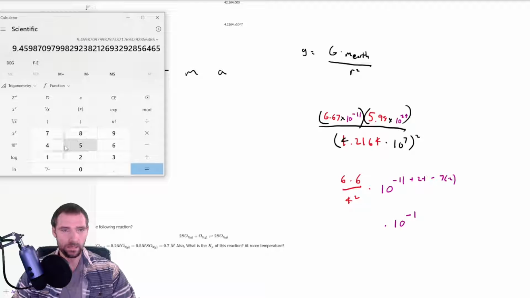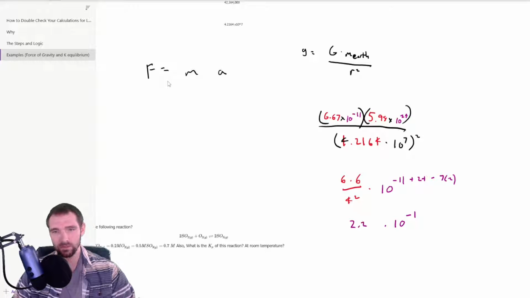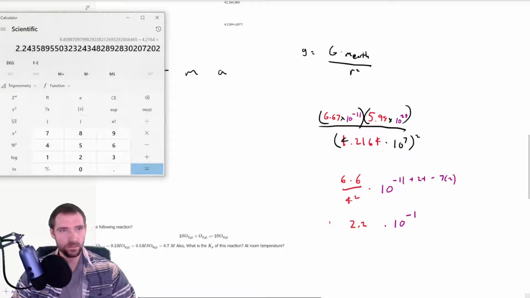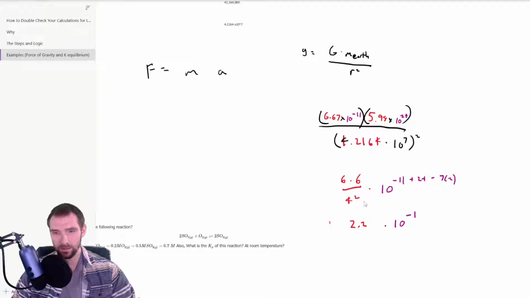And then we divide that again by the 4.2164. And we get a value of about 2.2. Let's go with red for that. 2.243.